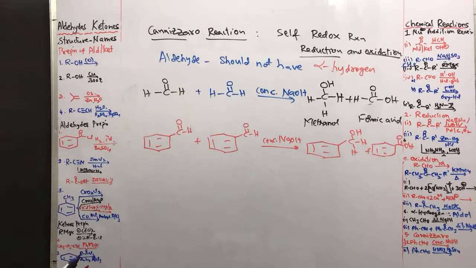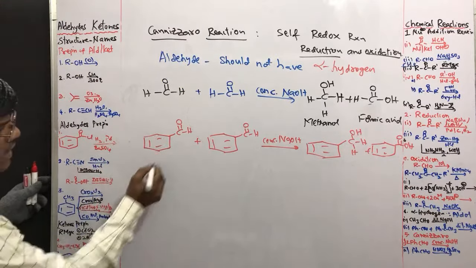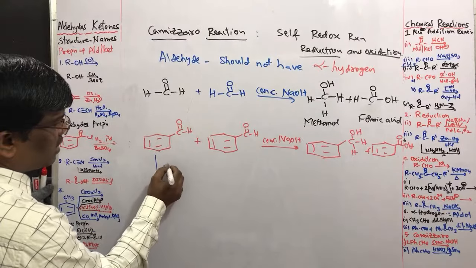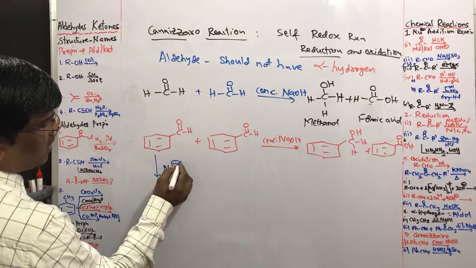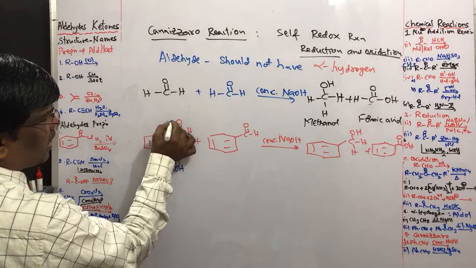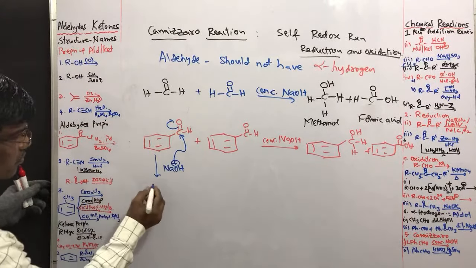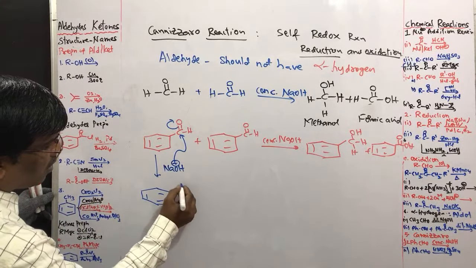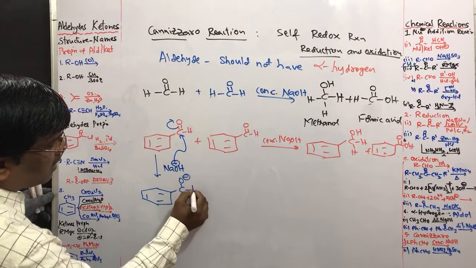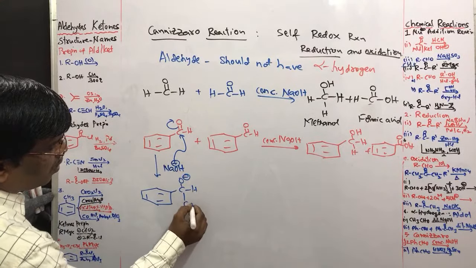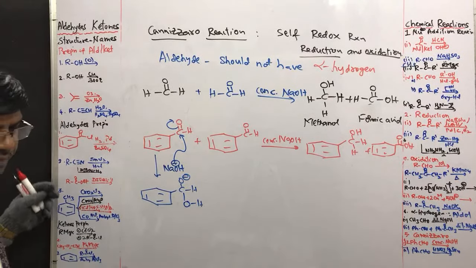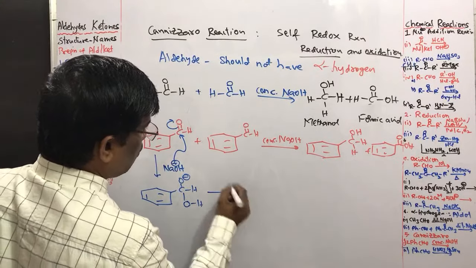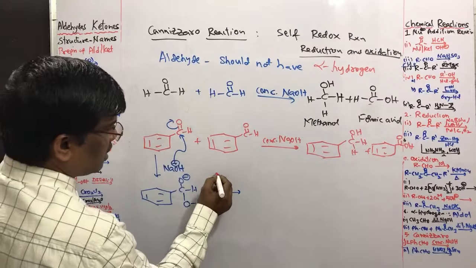Yes, so how is it going to take place? Let me take this benzaldehyde example itself. When I add NaOH, this is negatively charged, so nucleophilic addition takes place in the first step to form O minus, hydrogen is here, and this is OH. Yes, students. Now another molecule comes into the picture.